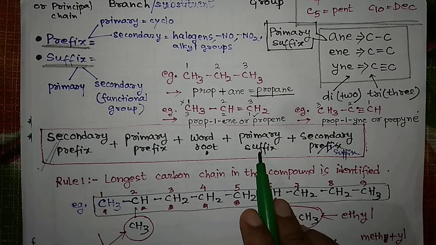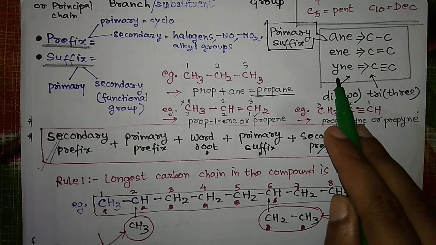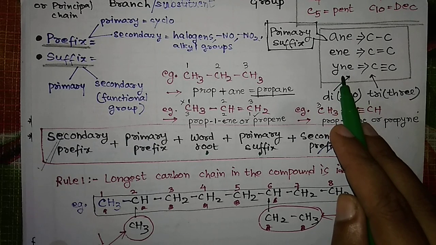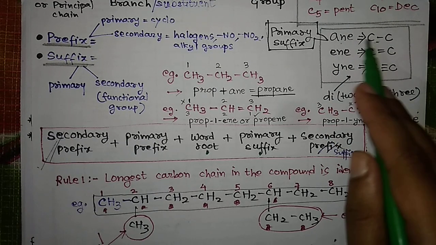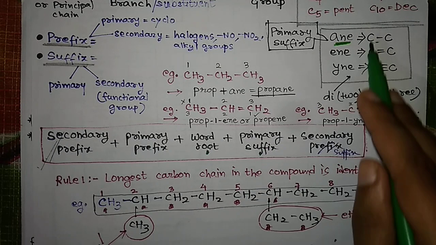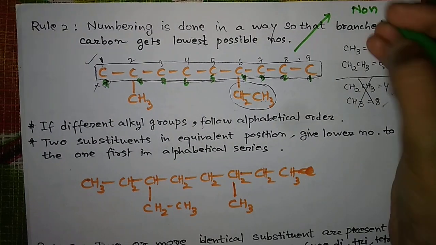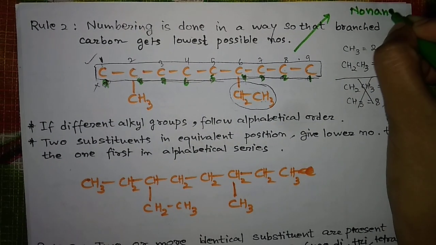Primary suffix, right? So what is the primary suffix? ane, ene, yne, all that I have explained to you in the last video, just see that one, okay. So when there are single bonds, we write ane, okay. After the word root, we will write the primary suffix, which is the ane, because there is no double bond, no triple bond in our compound, okay. So we will write non ane, that means nonane, right?